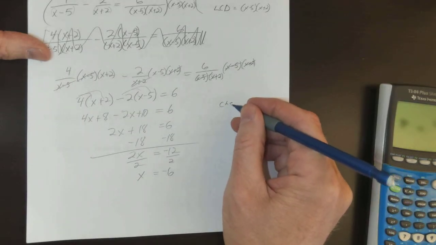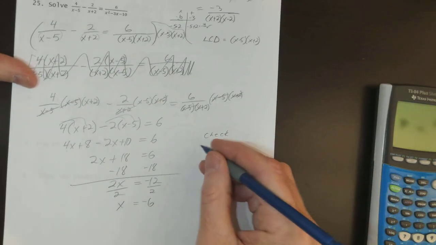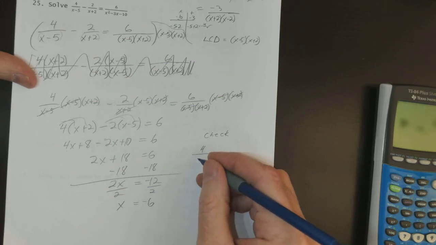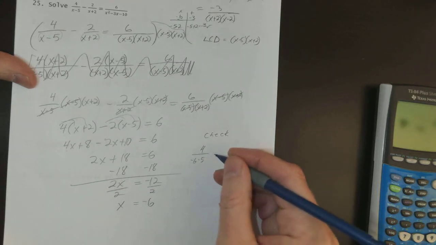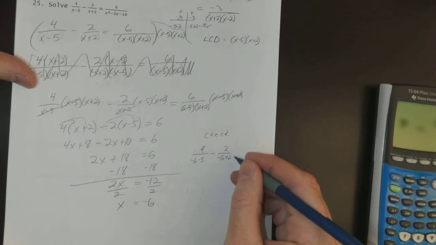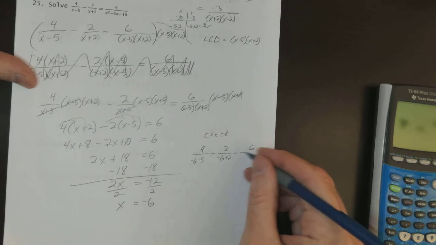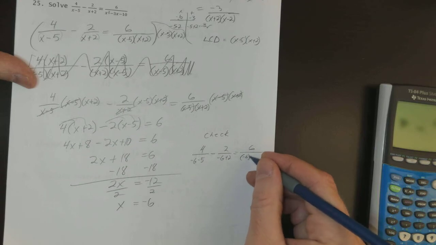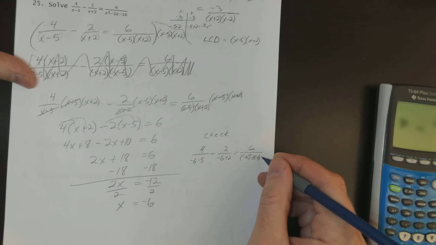All right, let's check it. 4 over negative 6 minus 5 minus 2 over negative 6 plus 2 equals 6 over negative 6 squared minus 3 times negative 6 minus 10.